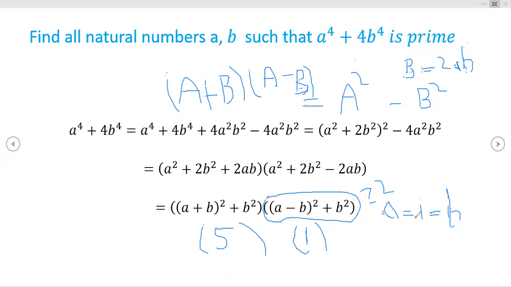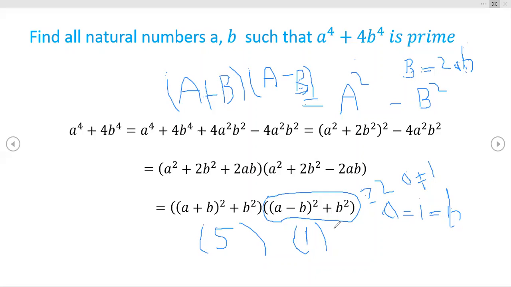Unless a is equal to 1 is equal to b, this expression is always going to be greater than or equal to 2. And this is when a is not equal to 1. That means it's got to be greater than or equal to 2.